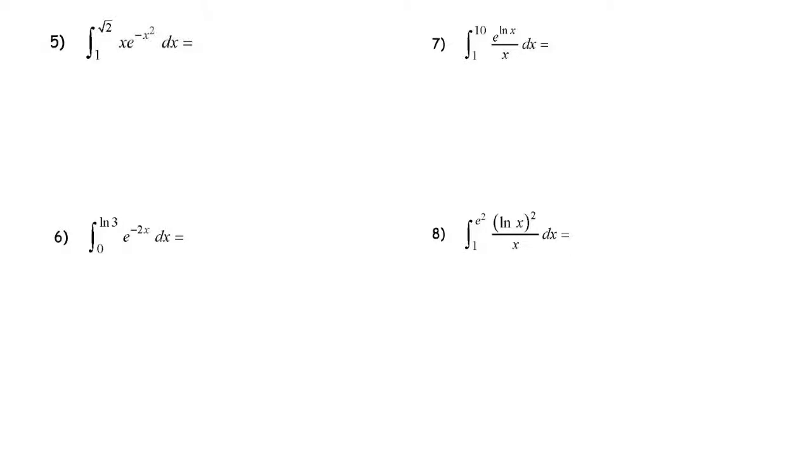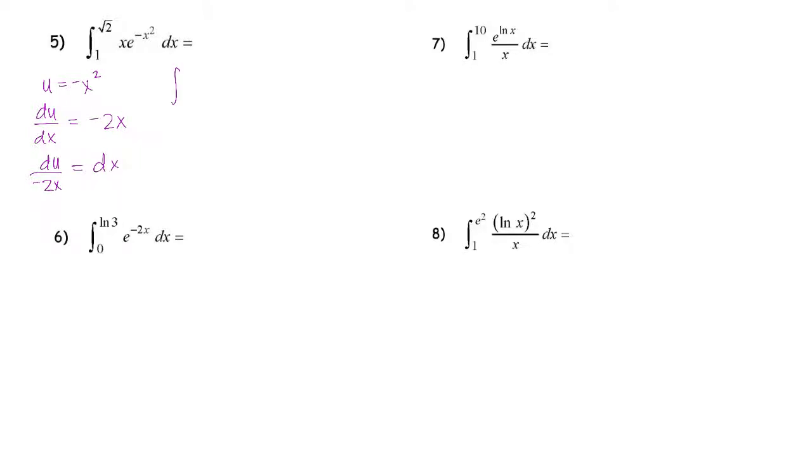Okay, our next problem looks like we're going to have another u substitution, and we're going to let u be that exponent of e. du dx is going to be negative 2x. And again, solving for dx, we're going to have du over negative 2x.